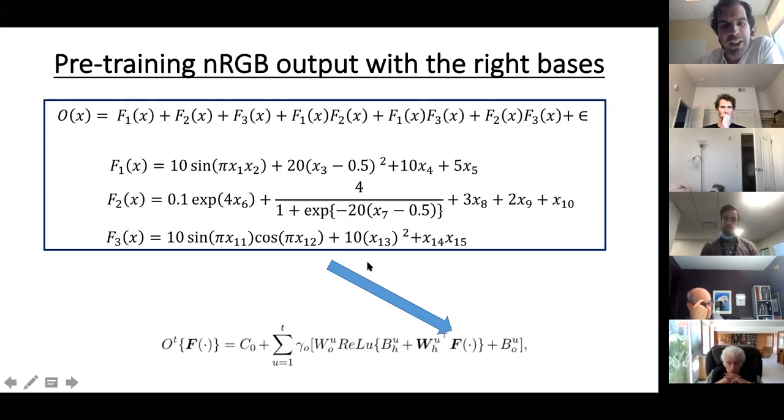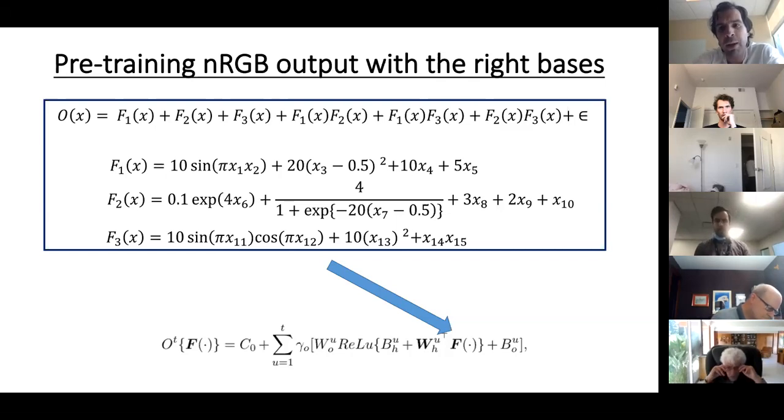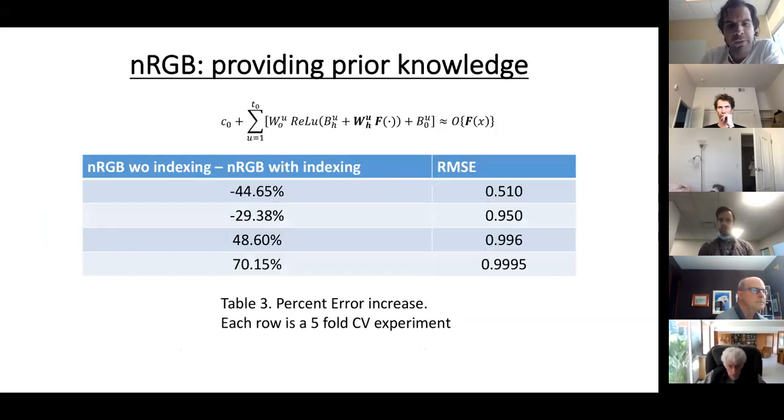So what we did here is that instead of feeding the algorithm the original X's, I'm going to take the real F's, the output of the basis that I know, and then feed it to an output and initialize an output that way, by feeding it different percentages of the right Y, but using the true basis. And after I do that, I have an initialization that is very close to the right function, and then I let it run again, and I see when I actually can recover it.